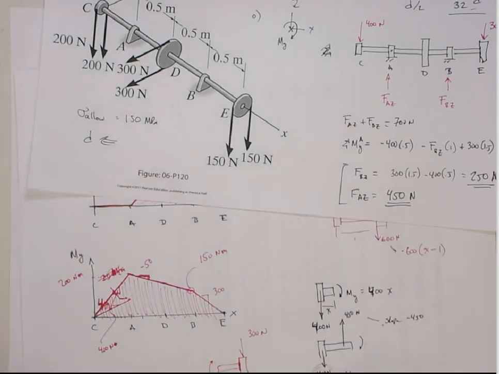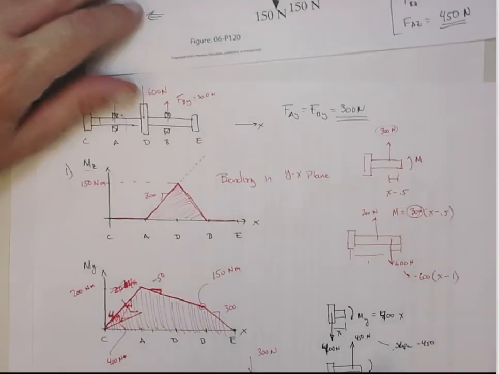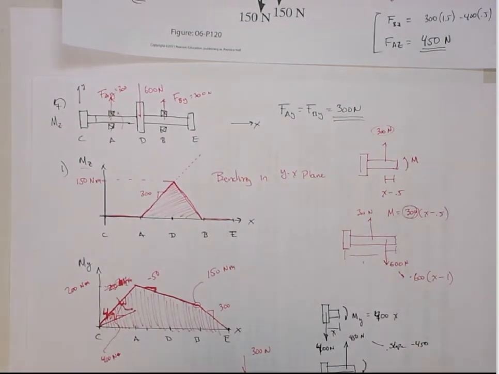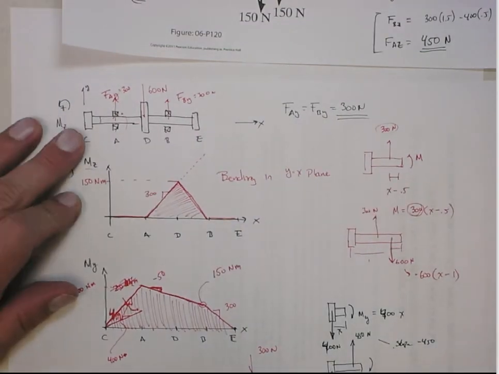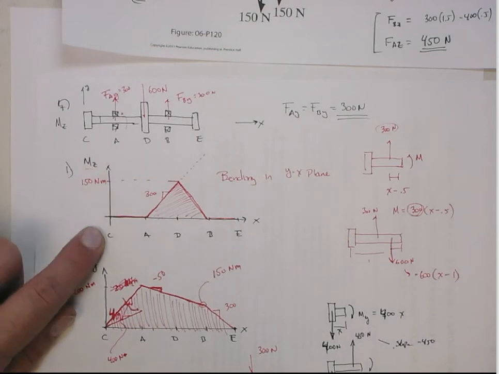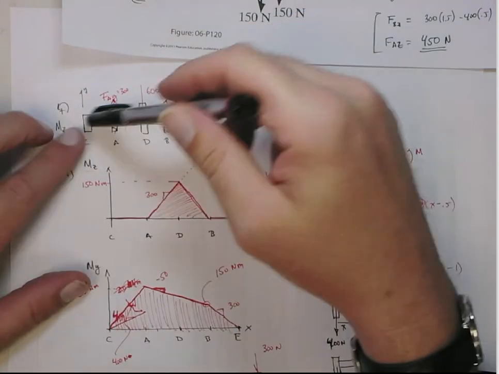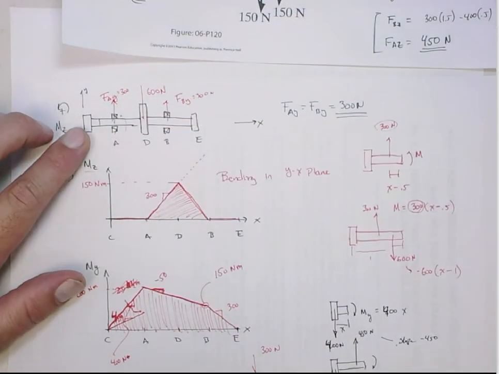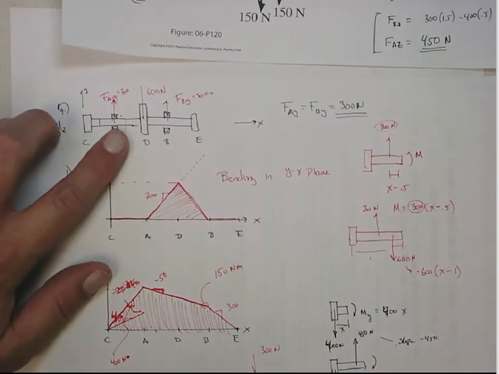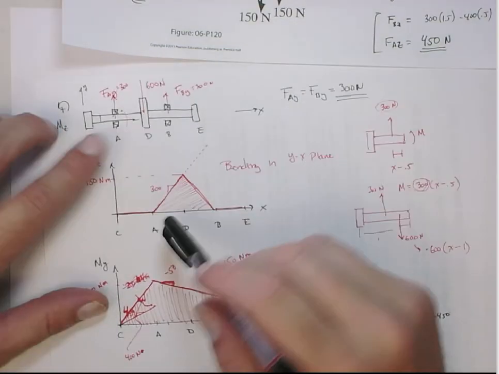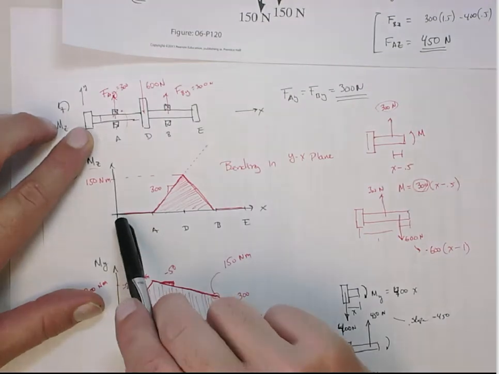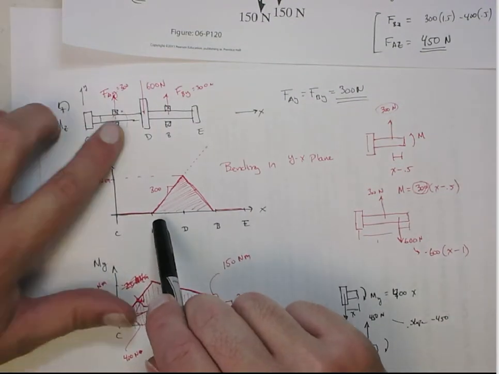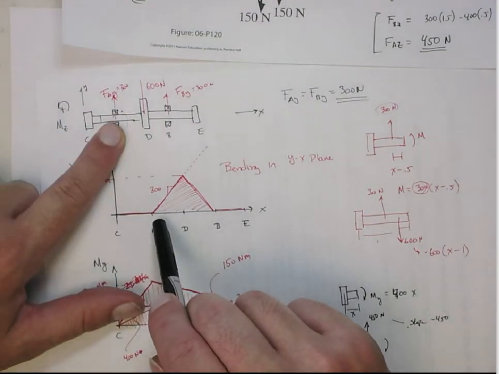I should probably say that again. I've done plenty of these examples where I explicitly draw the free body diagrams like that, and you can check that as well. But what I'm saying is when you have these point forces, it's kind of easy to directly or graphically construct the moment diagram, right? The change in the slope of the moment diagram is going to be equal to the point force. So when we go from C to A, there's no point force, so the slope is 0. Once we go to point A, we have a 300 point force.